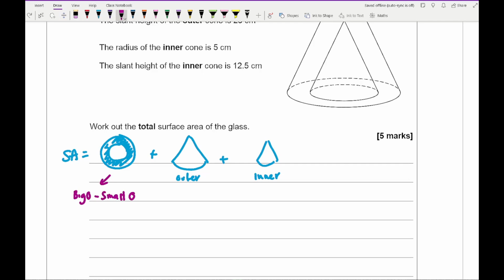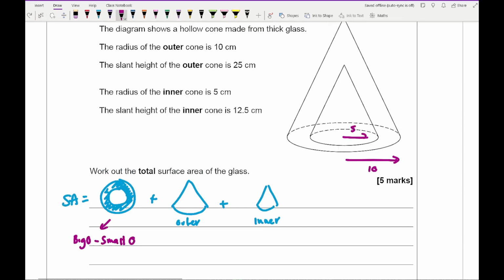So here the big circle has got a radius of 10 and the small has got a radius of 5. And then going back to the diagram, we've got a slant height of 25 and this one here is 12.5. So for the big circle, that's going to be pi r squared, with r equals 10, and for this one r equals 5.